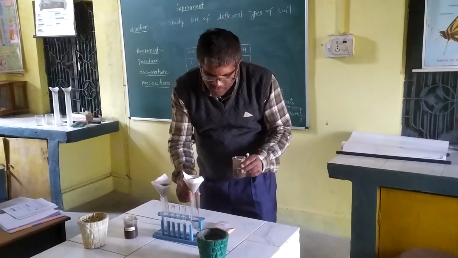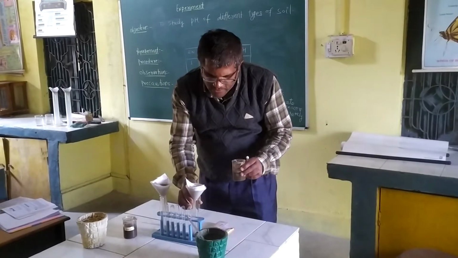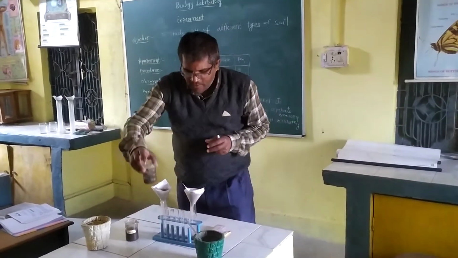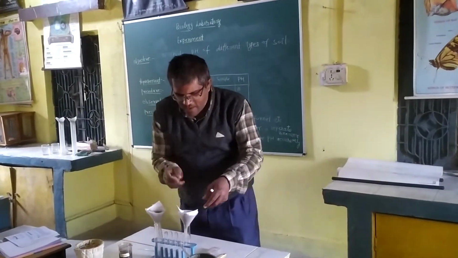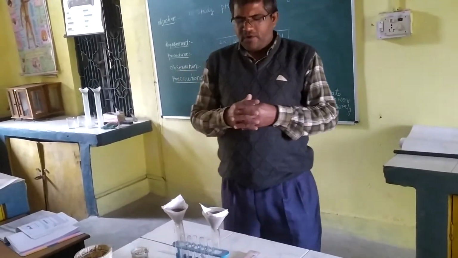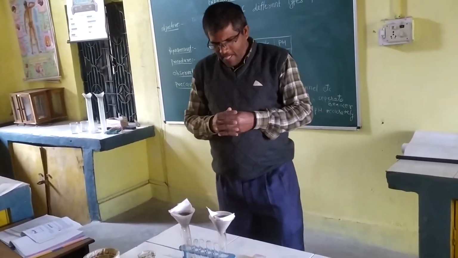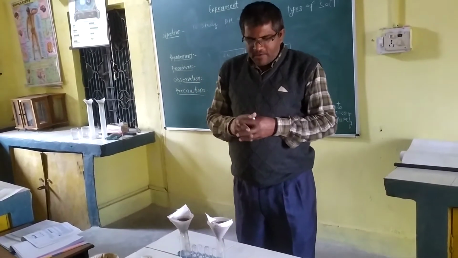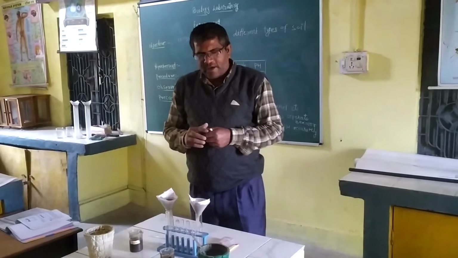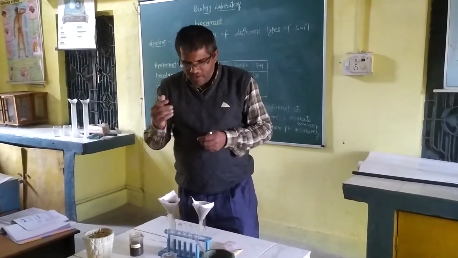We must ensure that the water and soil sample do not go outside the test tube, and we have to keep this for 5 to 10 minutes, at least 5 minutes. Okay. So after 5 minutes, the soil will be filtered and the filtrate collected.